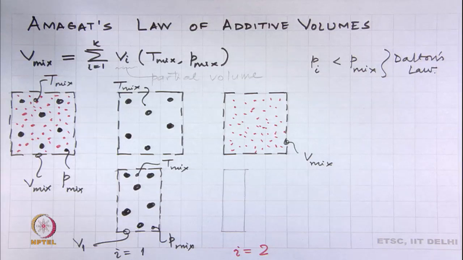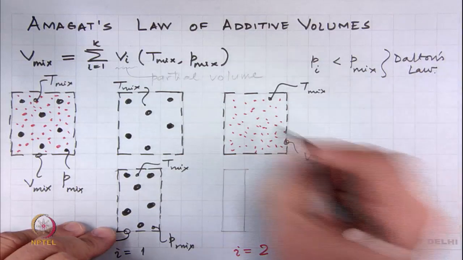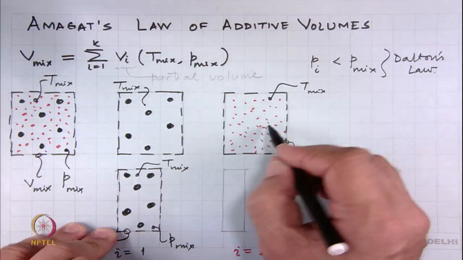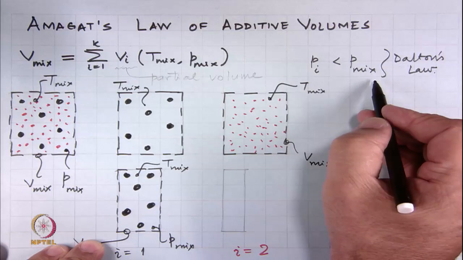Now we know that even if we were to attain T mix, the pressure here will again be the partial pressure of this component, which will be less than the mixture pressure.